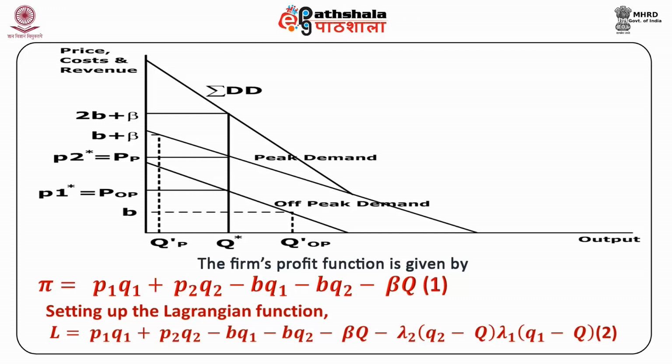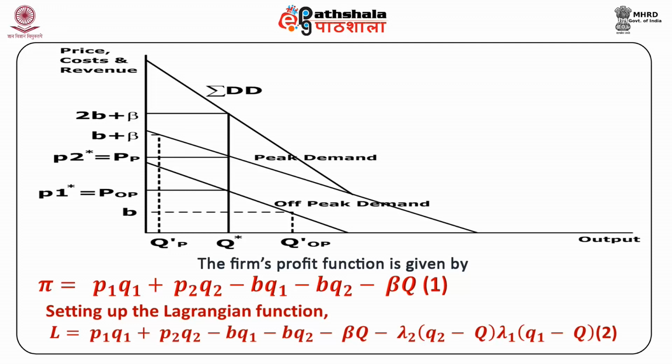Similarly, Q2 star greater than or equal to 0, P2 minus b minus lambda 2 star less than or equal to 0, and Q2 star into (P2 minus b minus lambda 2 star) is equal to 0, equation 4.